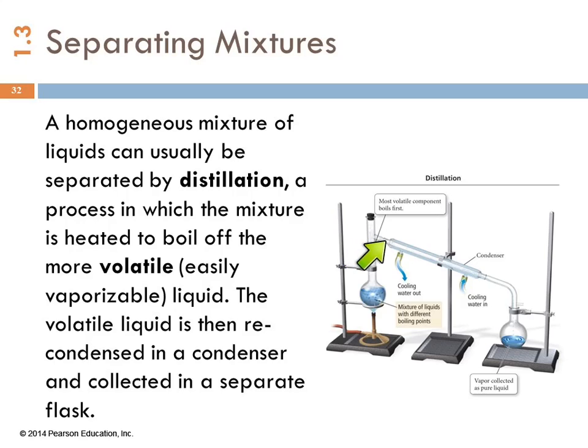And so we're going to make them come out through this tube here called a condenser. It's actually a double-walled tube, and we run cold water through there. So it went into the gas state because it got warm, and now as it comes through here, we cool it down and it becomes a liquid again, and we can collect it down here. So that's one way to separate liquids in a homogeneous mixture.